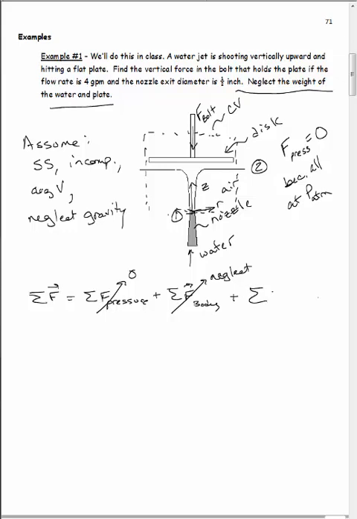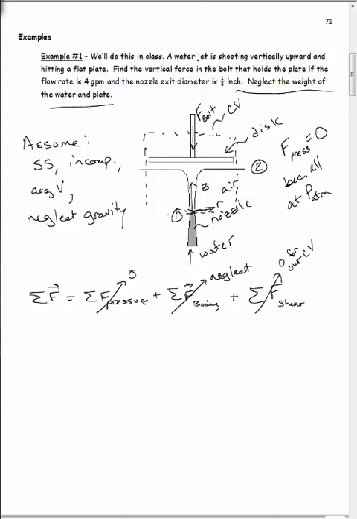Sometimes that's the driving force. Shear forces, we can always neglect as long as we draw our control volume so it's cutting perpendicularly. 0 for our CV.